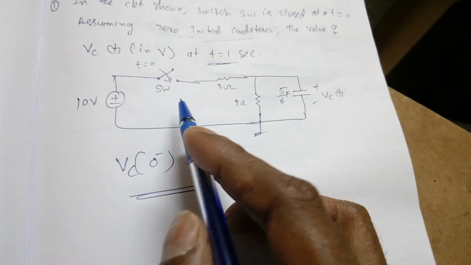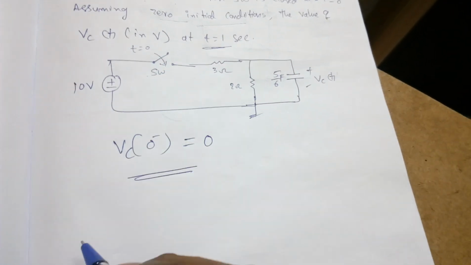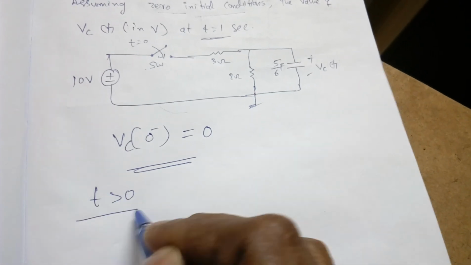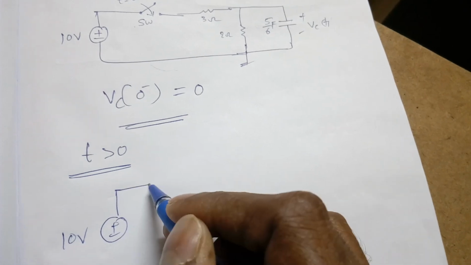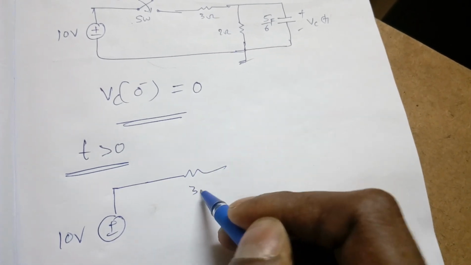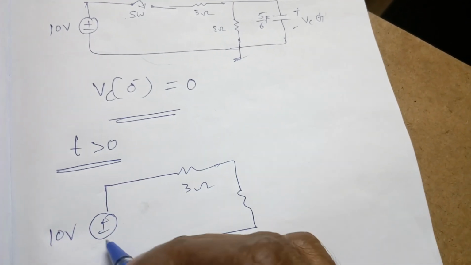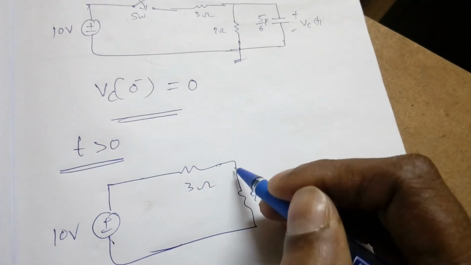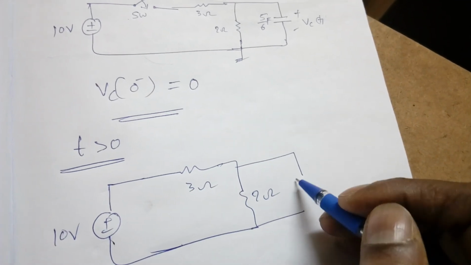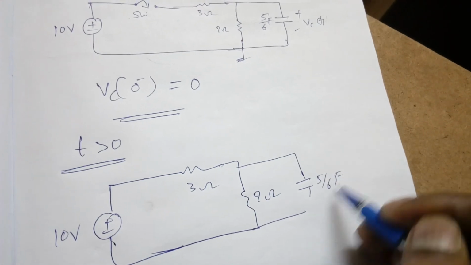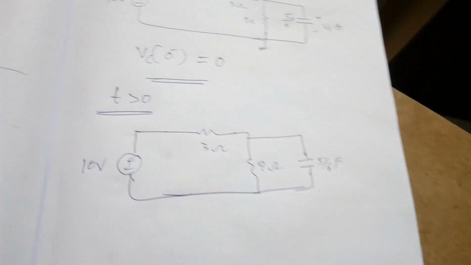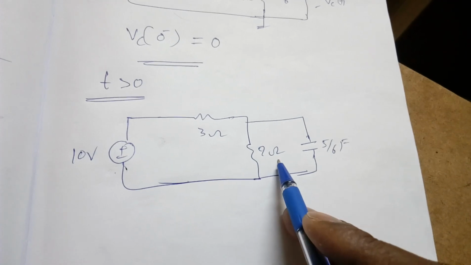Now for t greater than 0, we have to write down the circuit: a 10 volt source, switch closed, 3 ohms, 2 ohms, and this capacitor of 5/6 farad. That means for t greater than 0, the source is connected to the RC network.